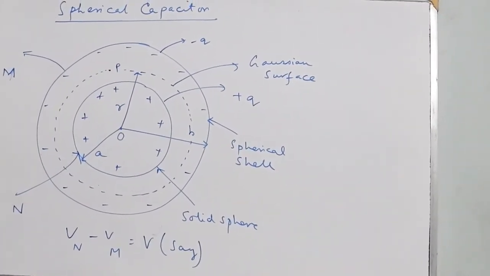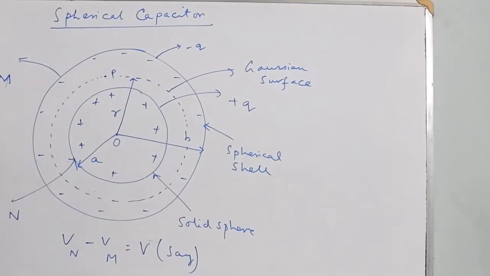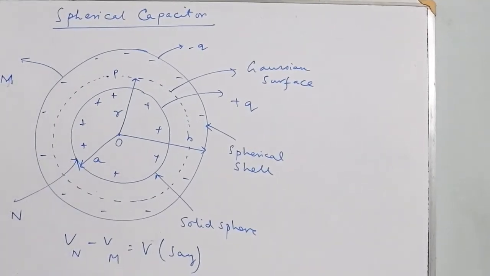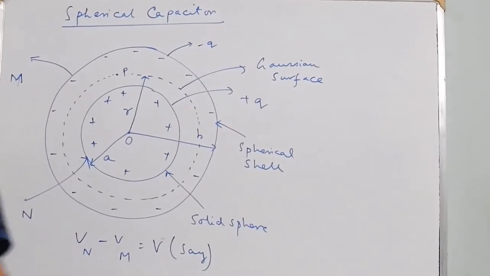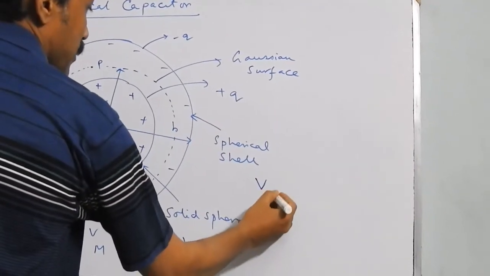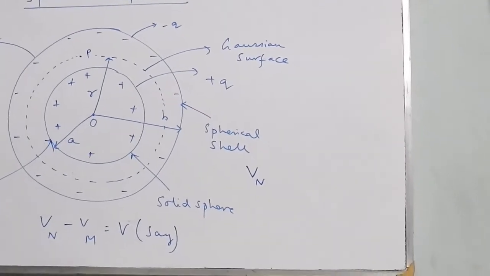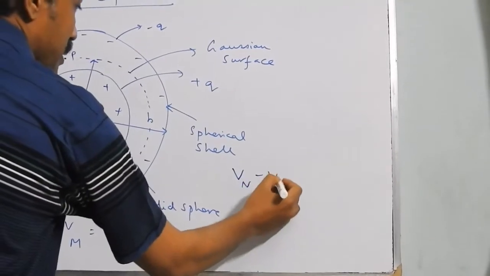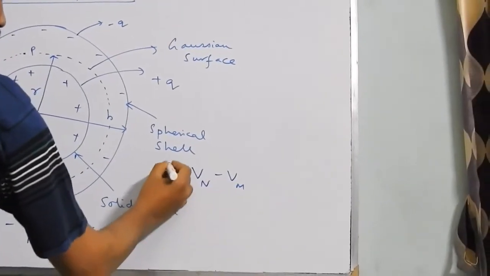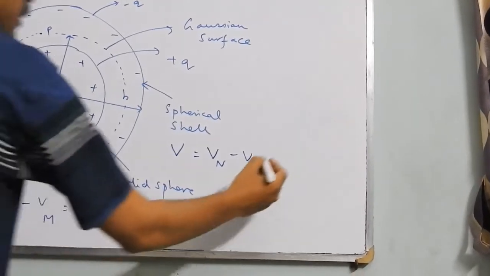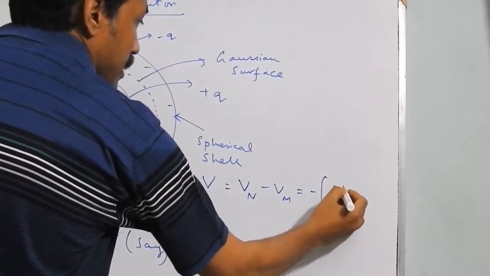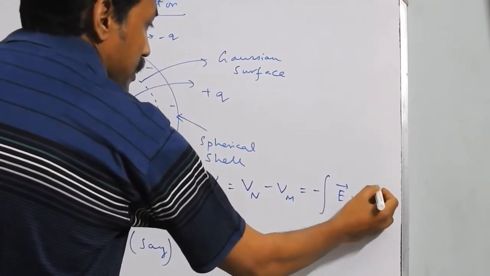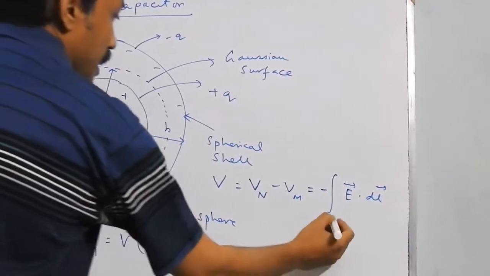To be precise, it is a concentric spherical shell of radius r. So what we are trying to do is calculate the potential difference as the negative of the line integral: Vn minus Vm, which has been written as V, is equal to the negative of the line integral of E vector between M and N.